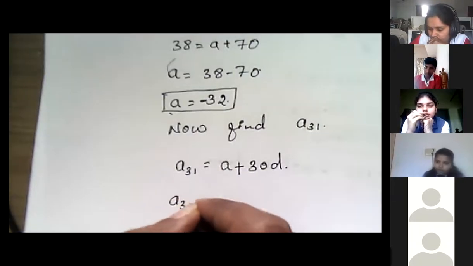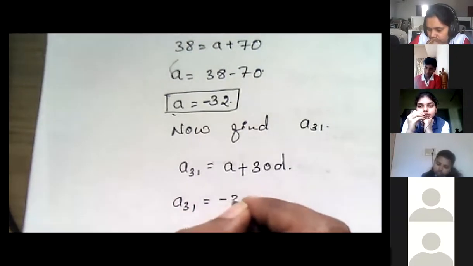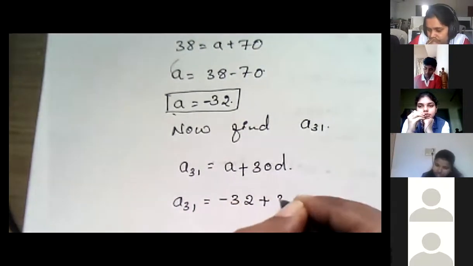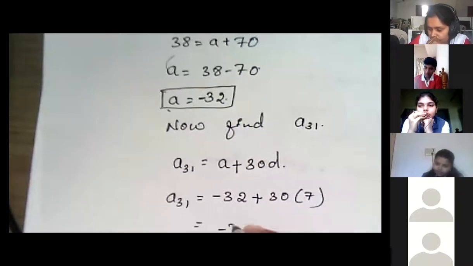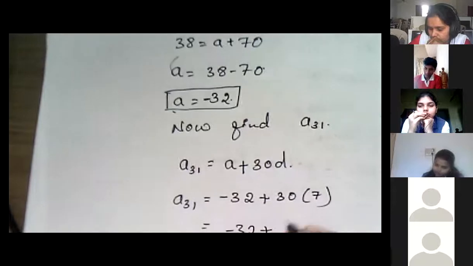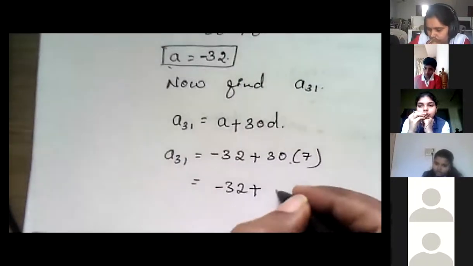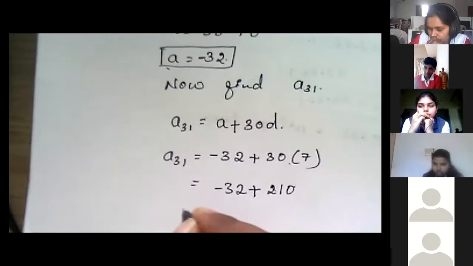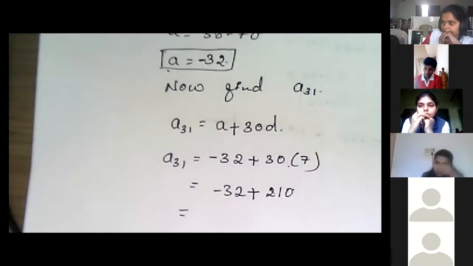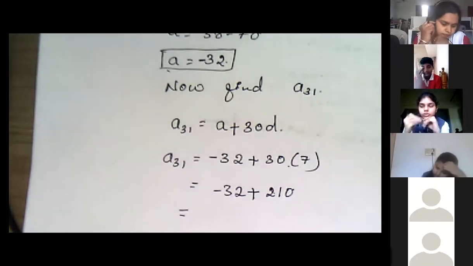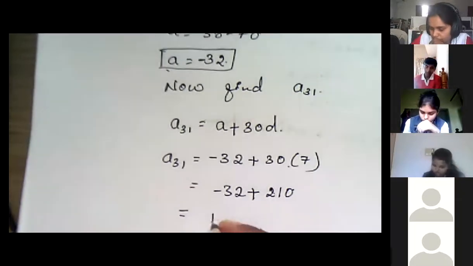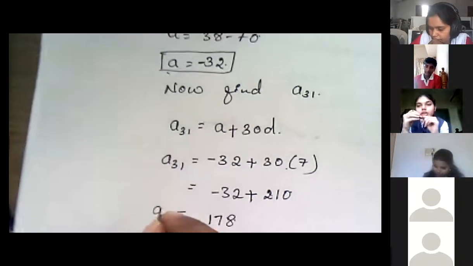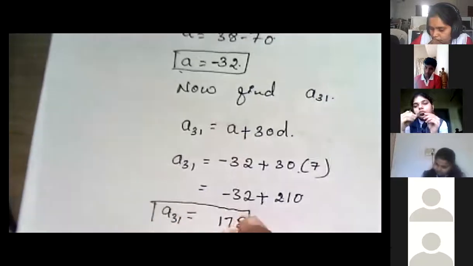A31 is equal to minus 32 plus 30 into 7. That is minus 32 plus 210. 210 minus 32 is 178.